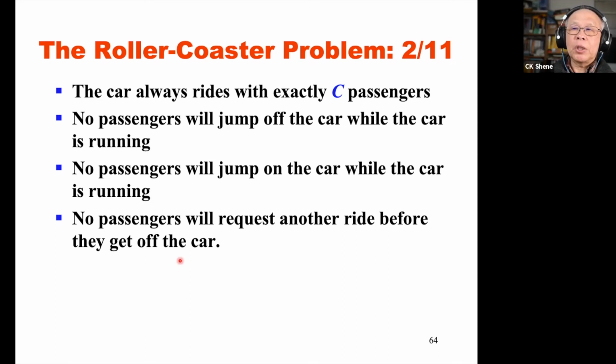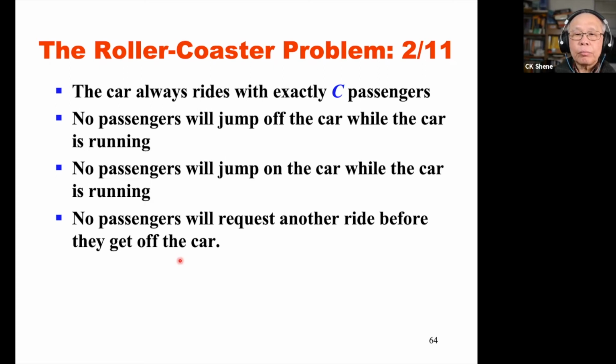When the car stops, every passenger must get off the car so that the car becomes empty. Then the car would accept the next batch of C passengers. So those who were riding on the car must get off the car and re-enter the queue for the next ride.